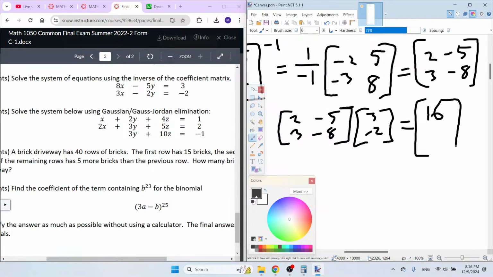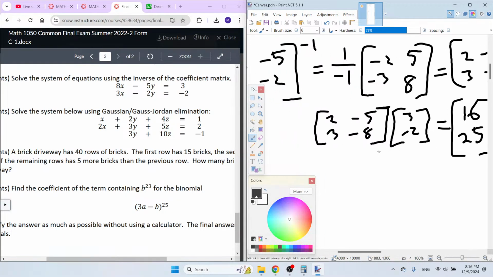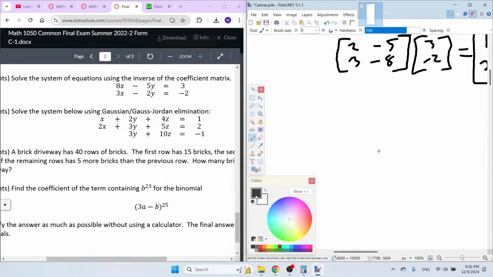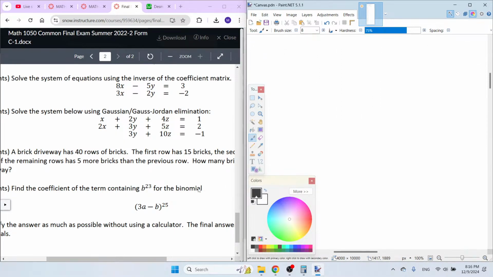That's our x value. 3 times 3 is 9, -8 times -2 is 16, 9 plus 16 is 25. So that's our y value. I kind of like doing the inverse matrix one, but you can use whatever you want.